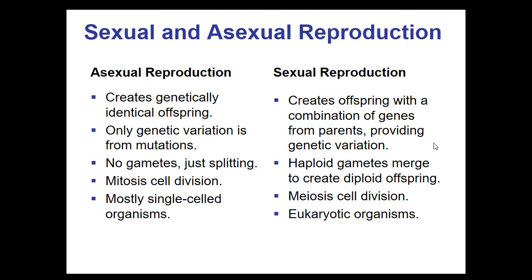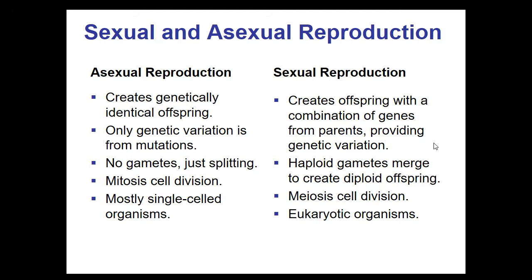With sexual reproduction, every generation is different because the offspring, the children, have a combination of the genes from the father and the mother. That's why if you have kids, your kids aren't going to be exactly like you.